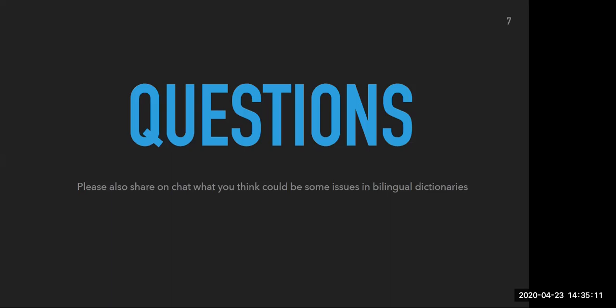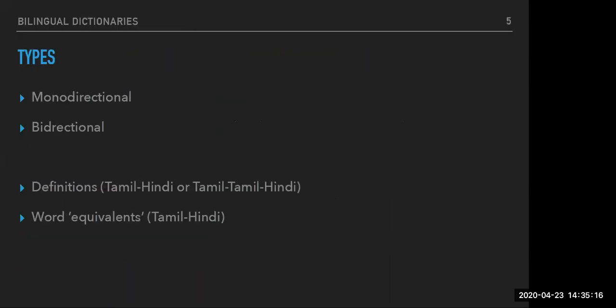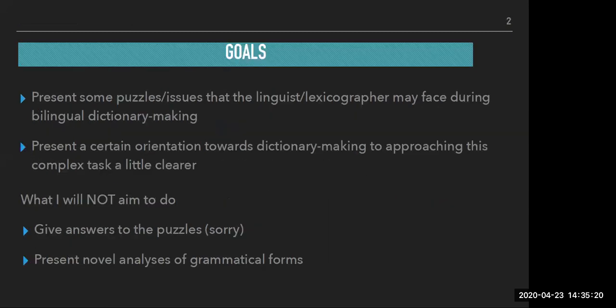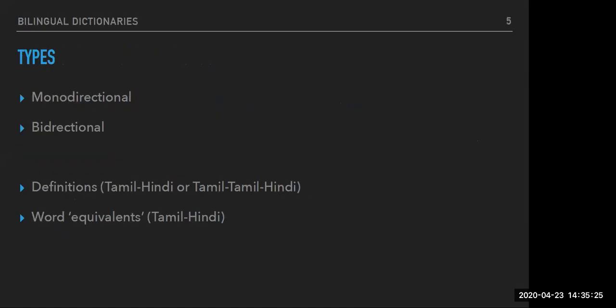So on that slide, if we could go back to the slide that says types, number 5. Yeah, so it says Tamil Hindi, right? So this might give you a Tamil word... sorry, this is not the one I was talking about.